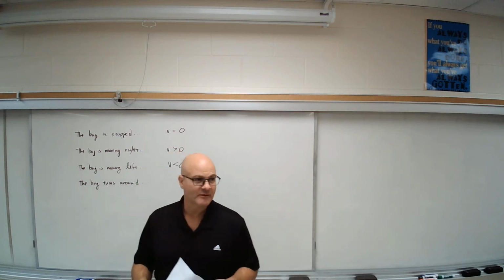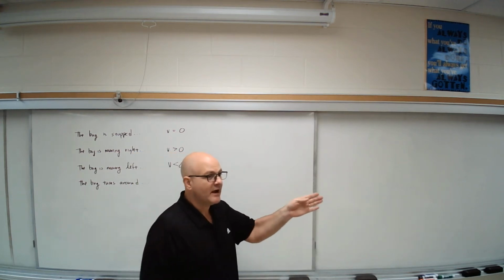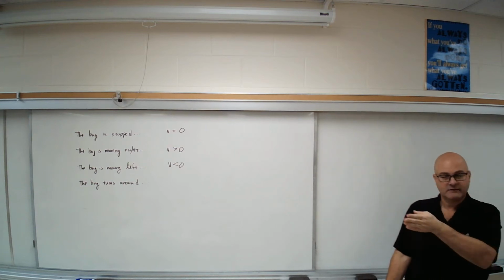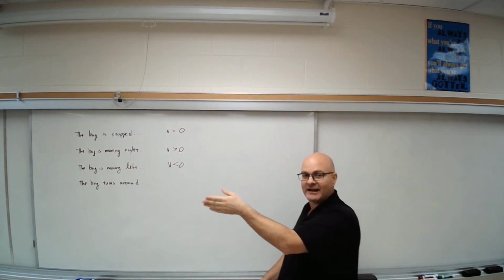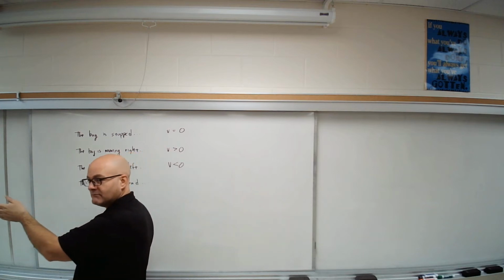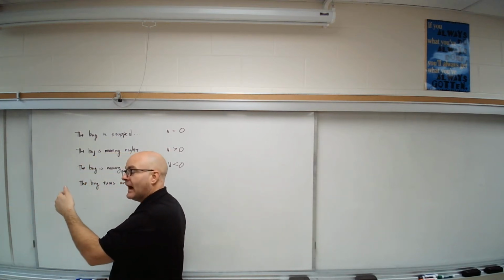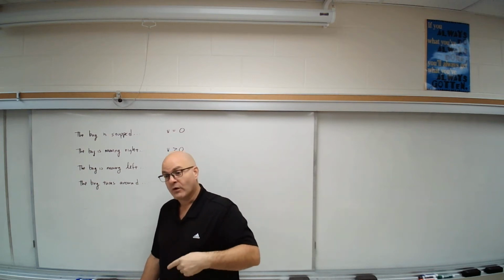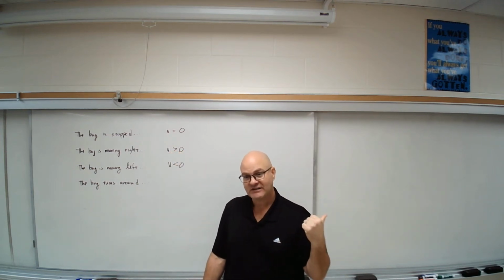I have to pretend I'm the bug here, but if I'm moving to the right, I have a positive velocity, correct? And then if I turn around, I would move left, so now I have a negative velocity, right? So I changed direction, the velocity went from positive to negative, or could it go from negative to positive? Would that be changing directions?